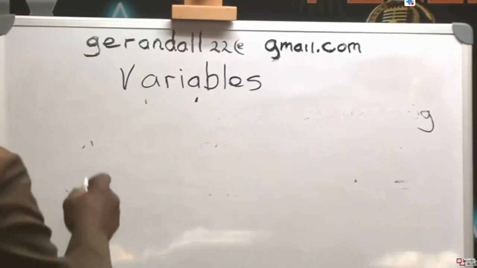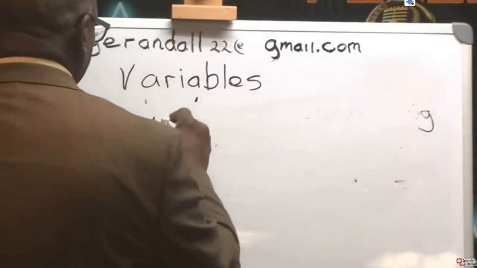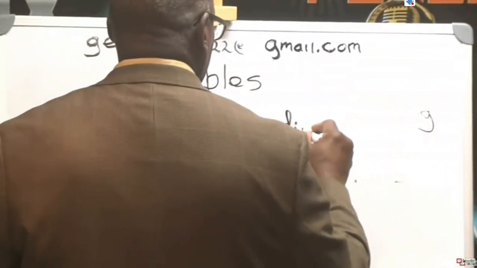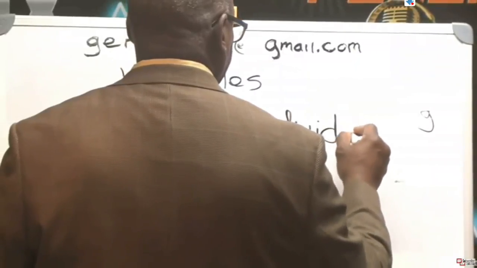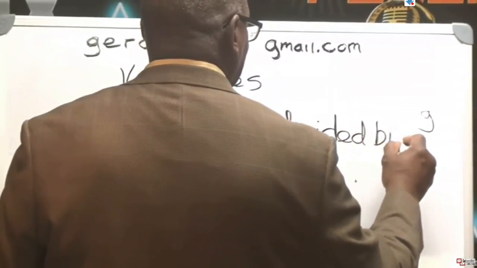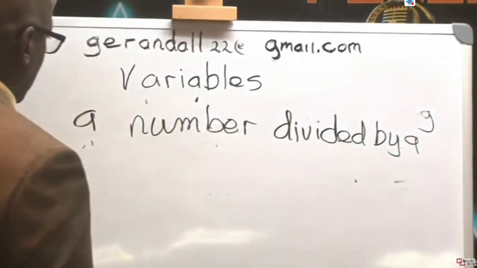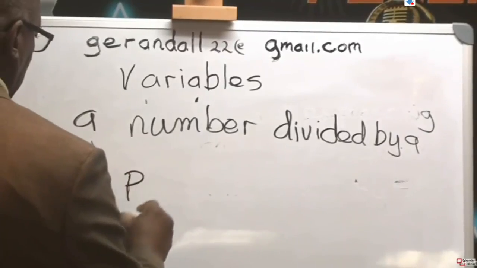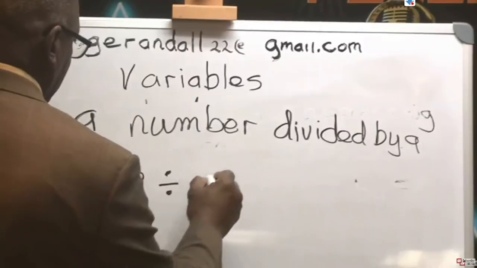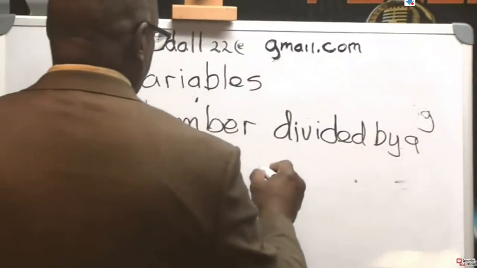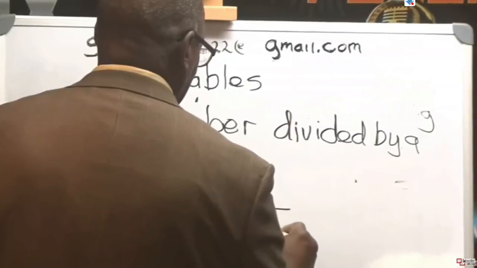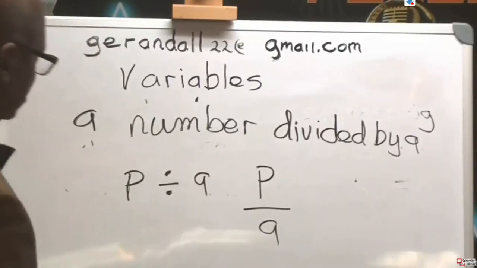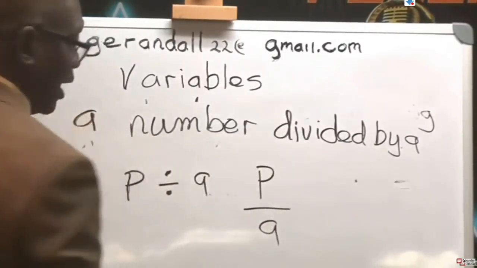And again, if I write out a number divided by 9, and again, P, you can either do this or P divided by 9. Much easier than writing that out.